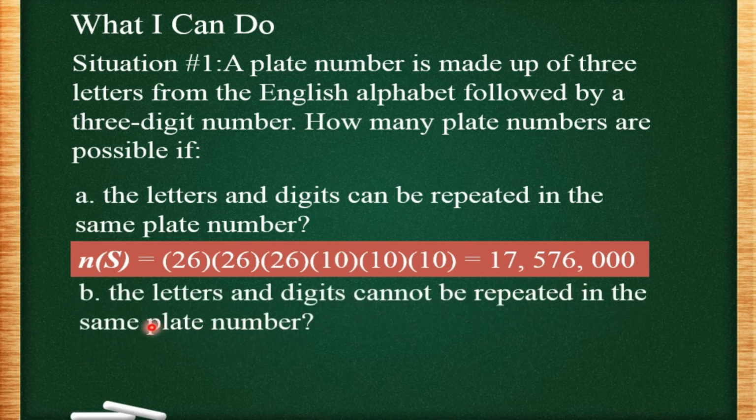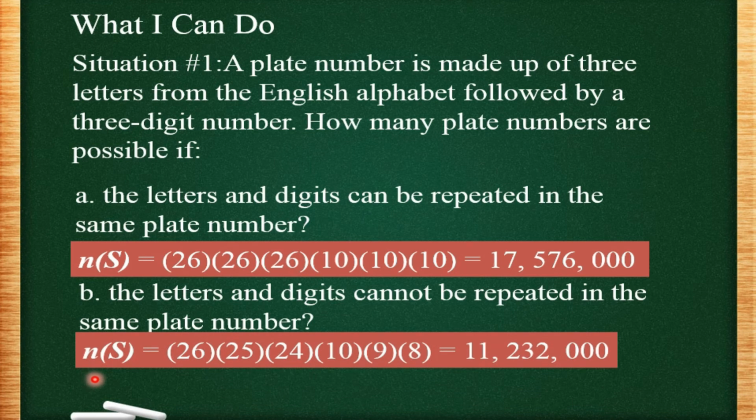What if the letters and digits cannot be repeated in the same plate number? Like, it has to be A, B, C, 3, 4, 5. No letters, no digits can be repeated. So, there.